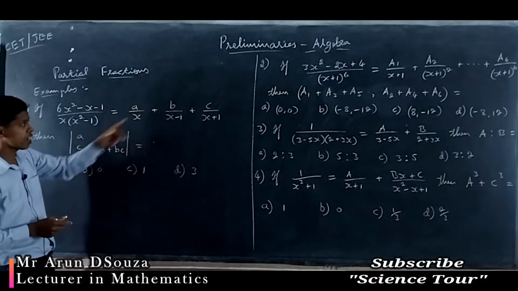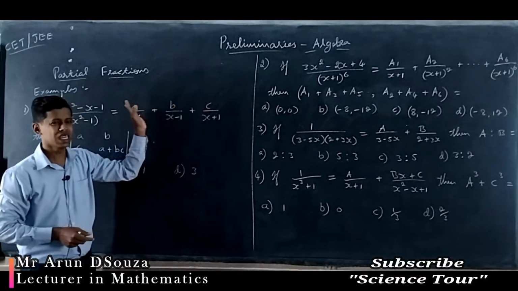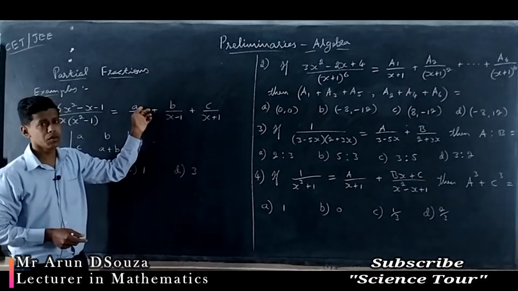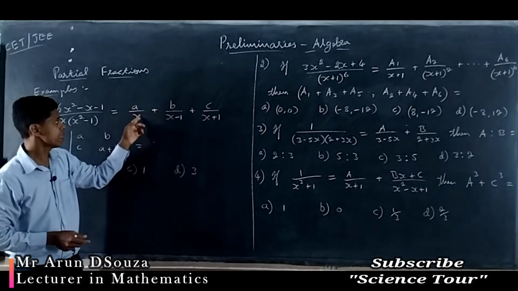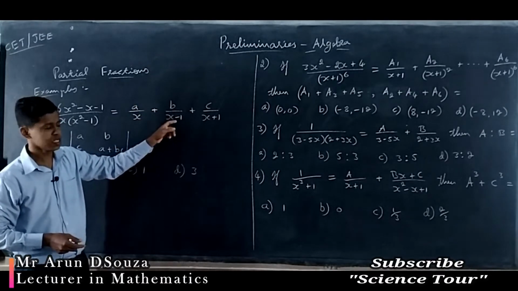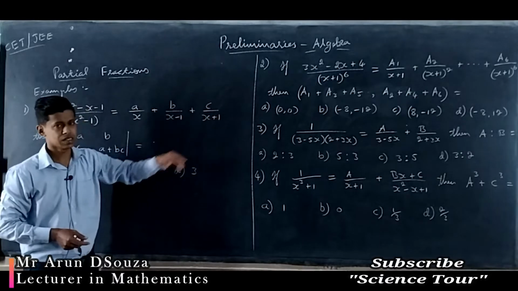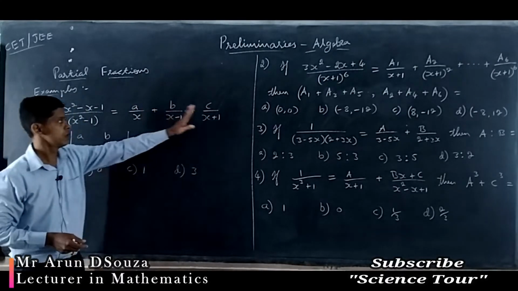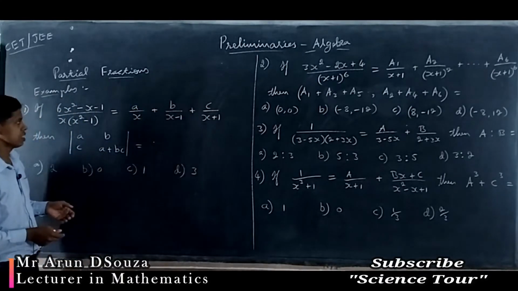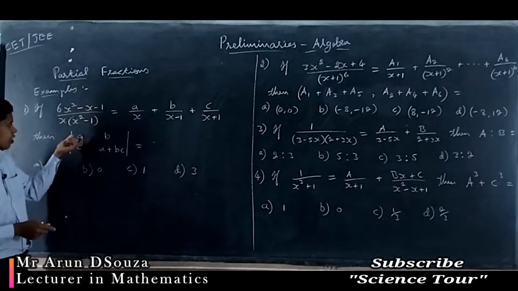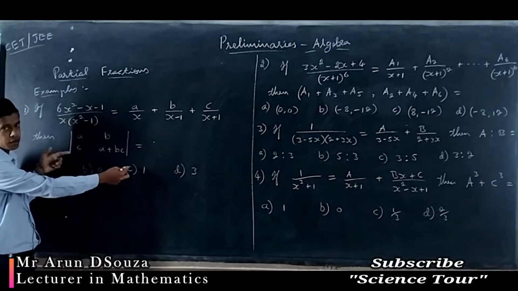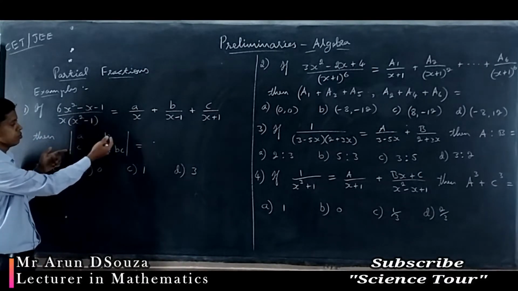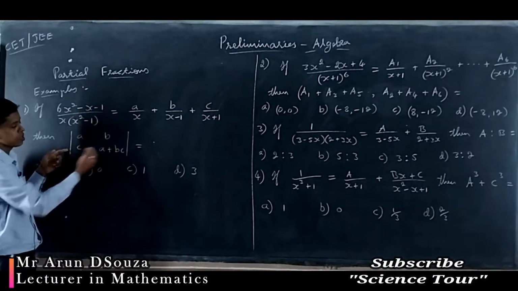So if you have 3 factors, you should have 3 constants. You can take the capital letters or the small letters, doesn't matter. So a by x plus b by x minus 1 plus c by x plus 1 are the 3 fractions that we get.